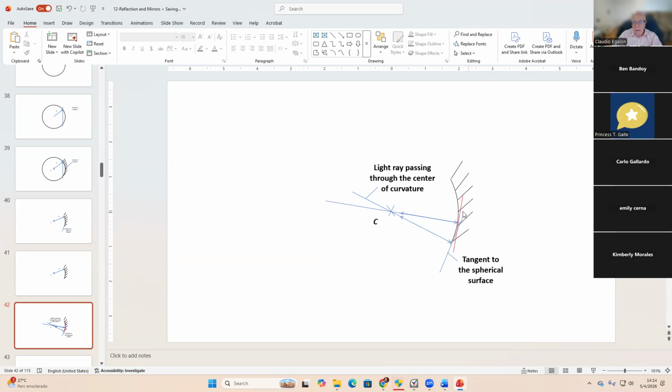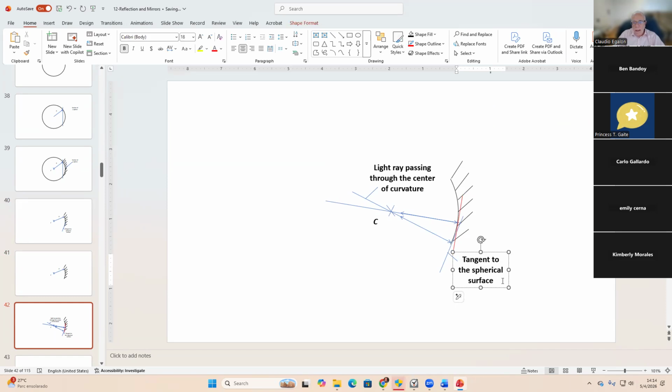Here you go. Another normal surface. Another tangent surface. One surface tangent to a given point of the spherical surface.